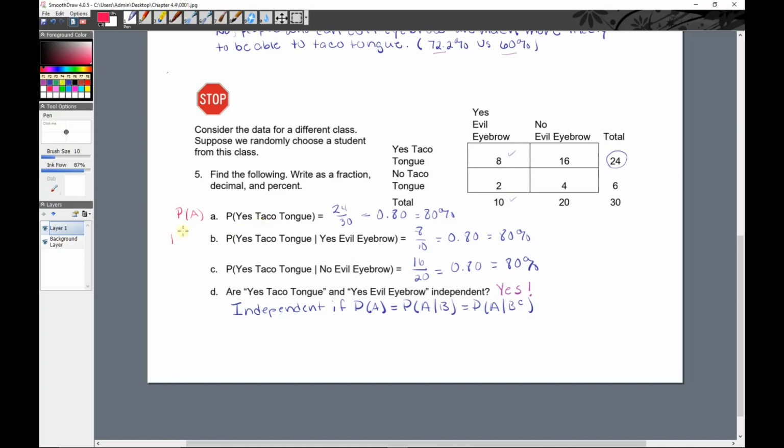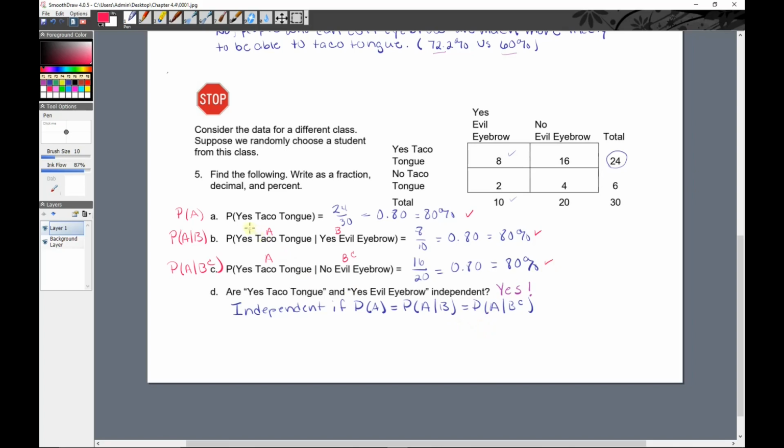And let's call this the probability that they can taco tongue given evil eyebrow, the probability of A given B. So this is A, this is going to be B. Over here, probability of yes taco tongue given no evil eyebrow, this would be event A, and this would be B complement as opposed to B, because this is yes evil eyebrow, this is no evil eyebrow. So we can write this as the conditional probability A given B complement. And if you'll note that these are all the same, 80%, 80%, 80%.